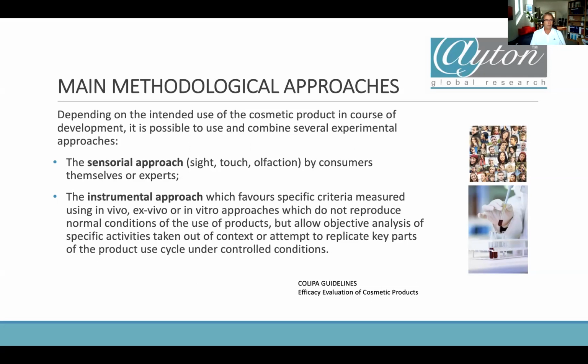Coming back to Carys' example, it can be ex vivo, which means you, for instance, take a strand of hair that you can measure properties of and how they can develop, or it can be even in vitro, which means in glass, so somewhere in the laboratory that can really then measure things quite differently. They do not really reproduce the normal condition of the use of products, but of course you can do a very, very objective analysis of activities and properties in a controlled environment.